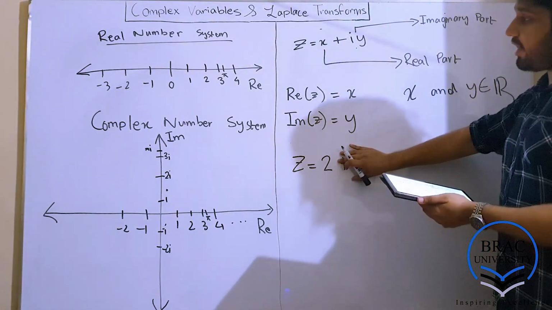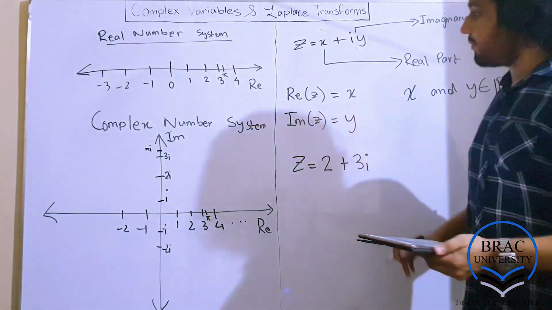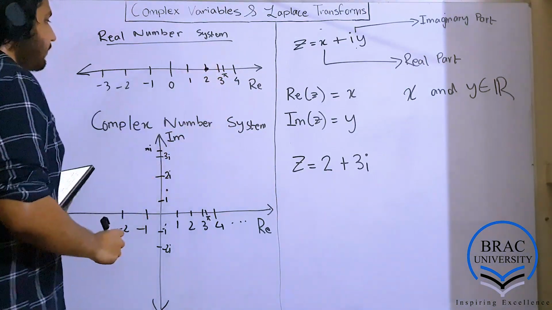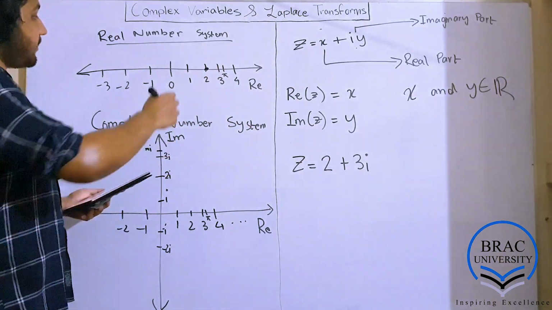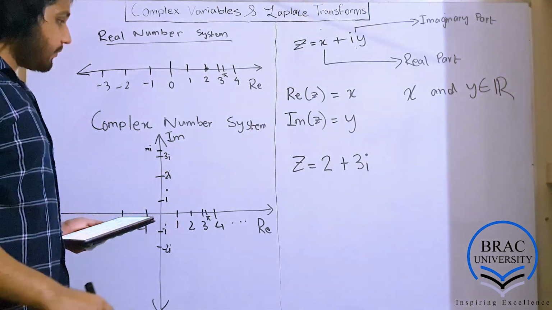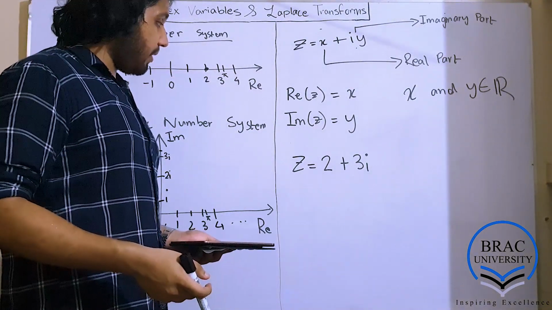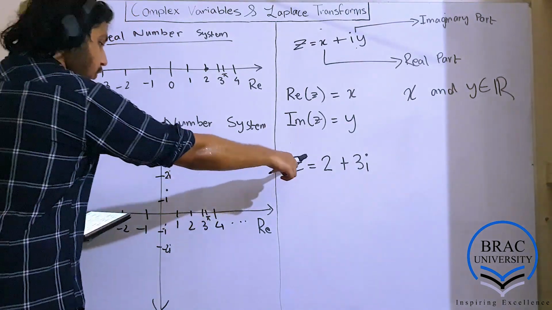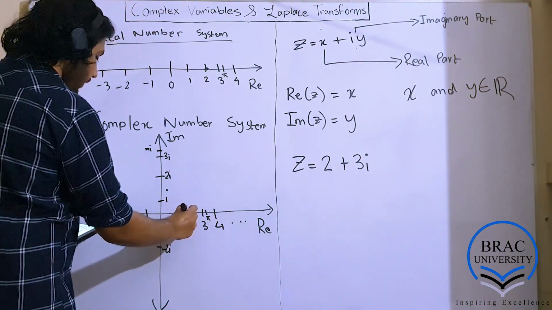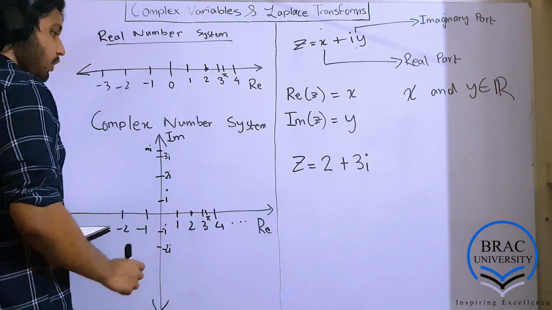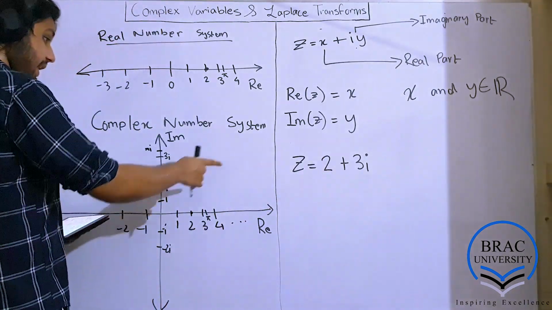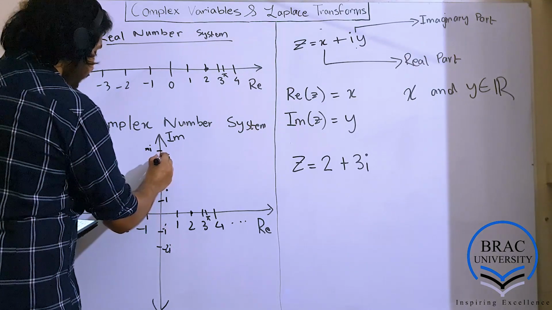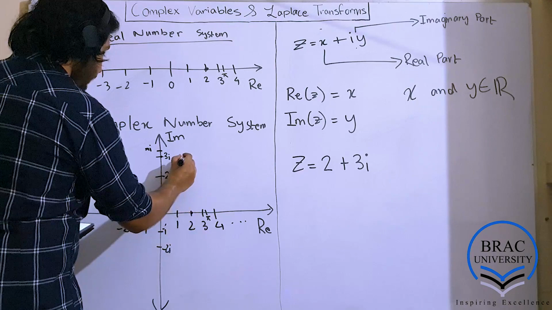And on the real number system, it would be exactly this point, as real numbers are just points on the real number line. Now, the complex counterpart to this graphical representation: look at where 2 is on the real number line. So 2 is here. Look at where 3i is on the imaginary number line, which is here. And where do they both meet? Here.